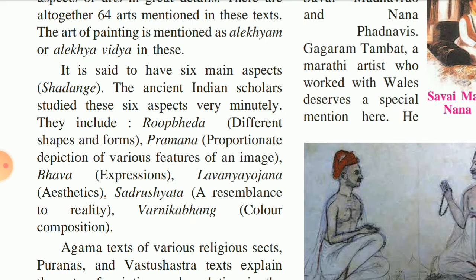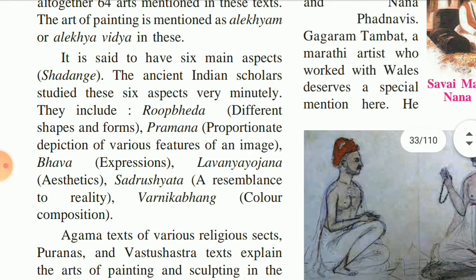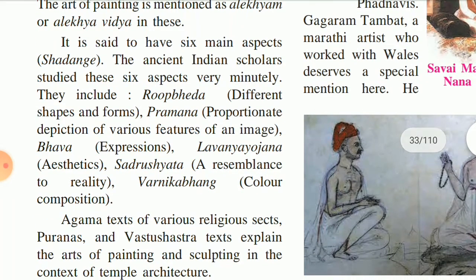These differences of shape and forms of every art are found. That is the first Anga. The second Anga is Pramana, which means proportionate depiction of various features of an image.